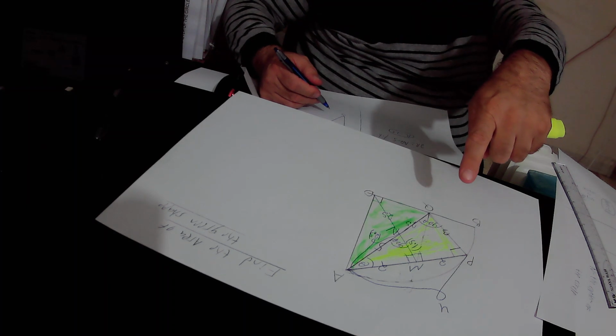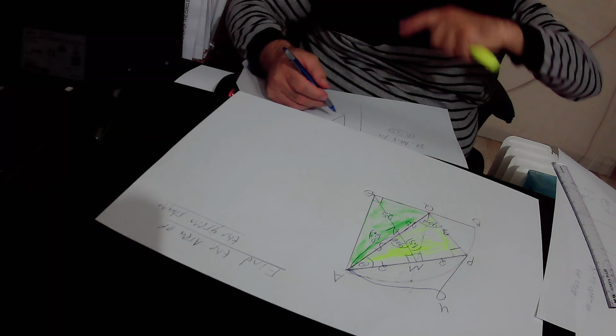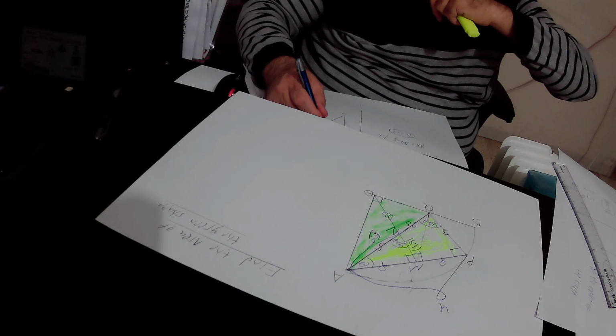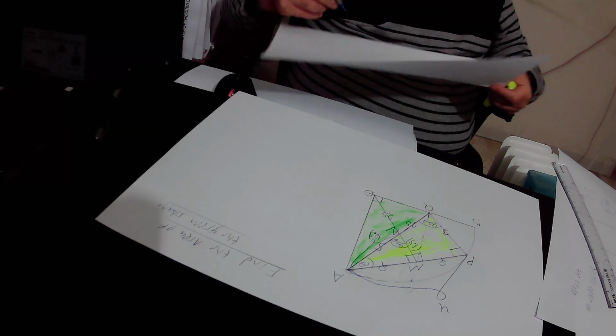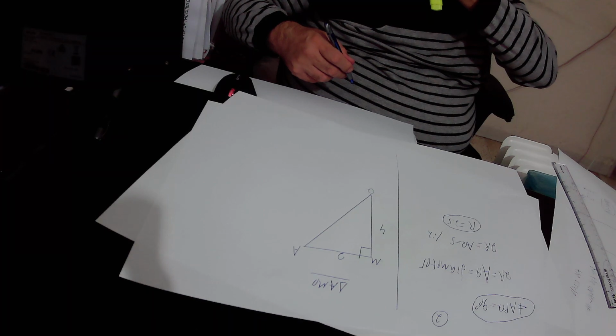Here MA equals 2 units. So we implement the Pythagoras theorem on the right triangle AMO.